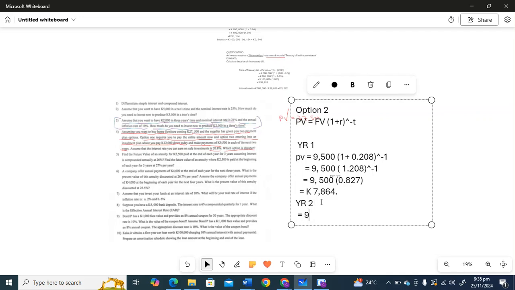So we have 9,500. Same formula. So I just don't want you to rewrite all of this again. So it's the same formula. This time it's going to be 1.208 to the power negative 2, since we're paying this amount after 2 years, and want to find what is its value today.